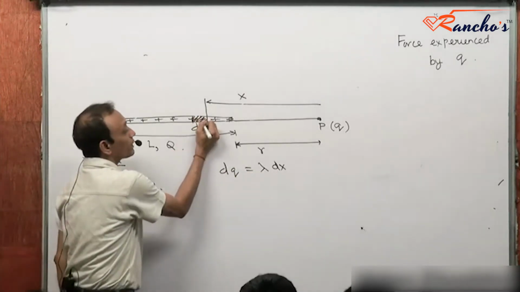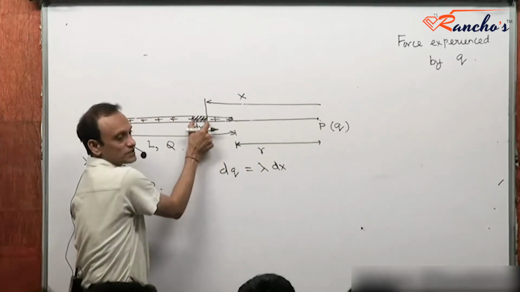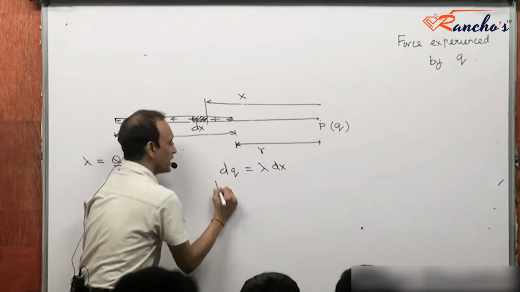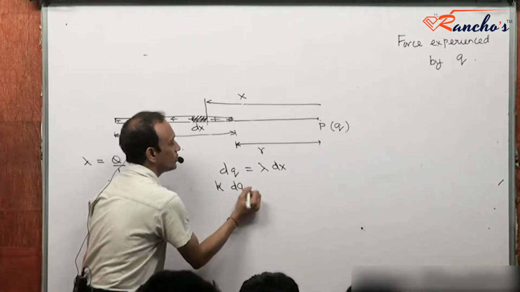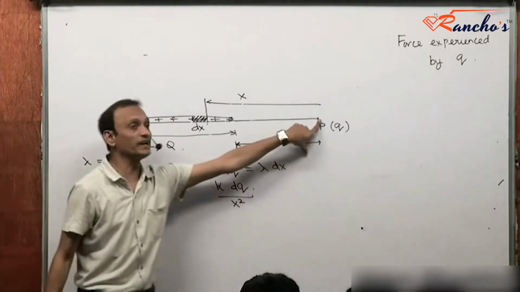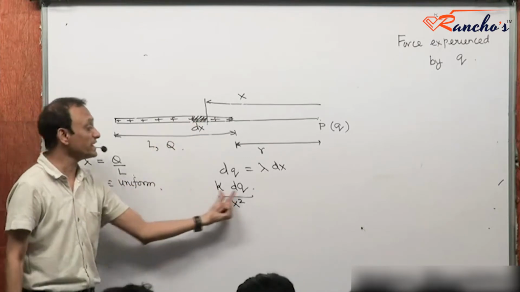Now, what's the electric field at P because of this dq? K times dq divided by x squared. That's the electric field at P because of this dx, which contains dq.